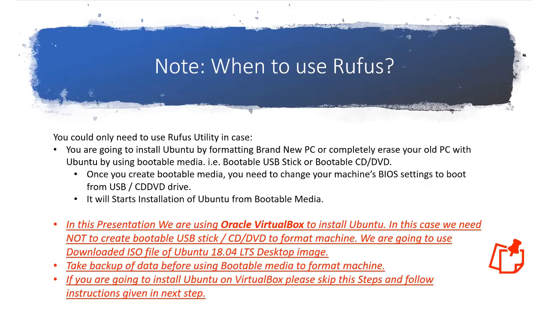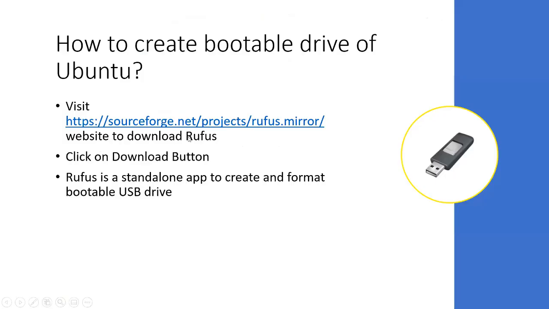It may completely erase your earlier data, so please make sure you have taken a backup if you are going to install Ubuntu on your old PC. If you are going to install Ubuntu on VirtualBox, please skip these steps and follow the instructions given in the next steps.